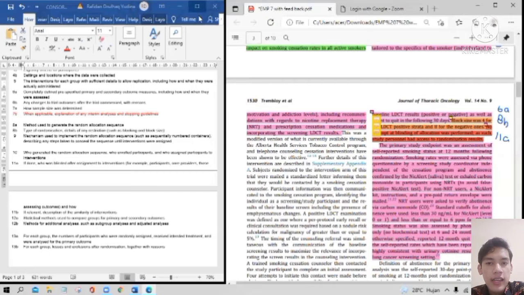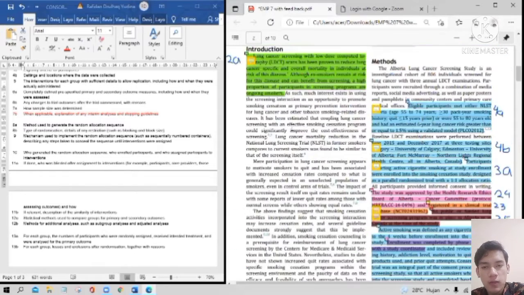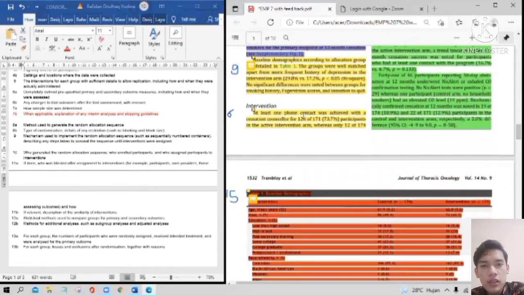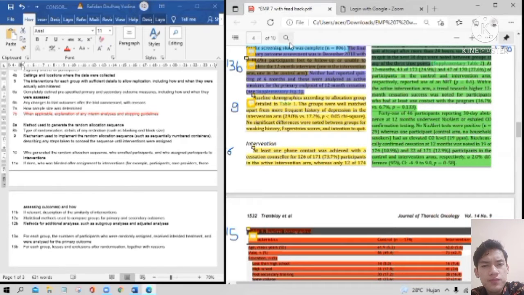For the next, number 9, mechanism used to implement the random allocation sequence, such as sequentially numbered containers, describing any steps taken to conceal the sequence until interventions were assigned. Okay, number 9. I think this one, because you can read in the paragraph the sentence, baseline demographics according to allocation group as detailed in table 1.